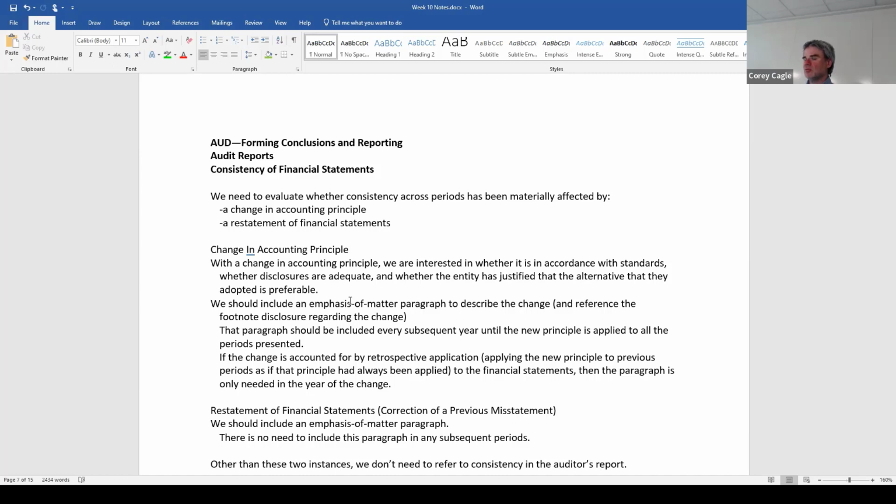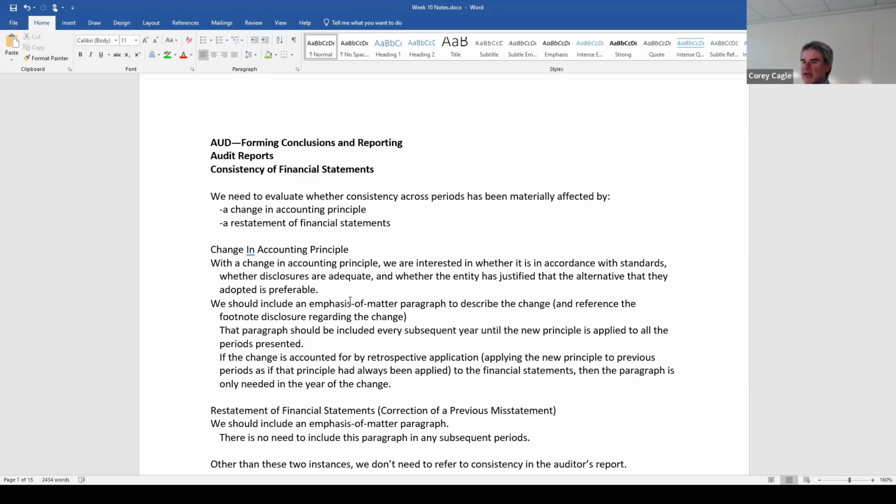In other words, we're interested in GAAP and fair presentation, right? As we mentioned before, we have to do an emphasis of matter paragraph to describe the change, and we would reference the footnote disclosure regarding the change. We would want that paragraph every year until the new principle is applied to all the comparative periods presented.